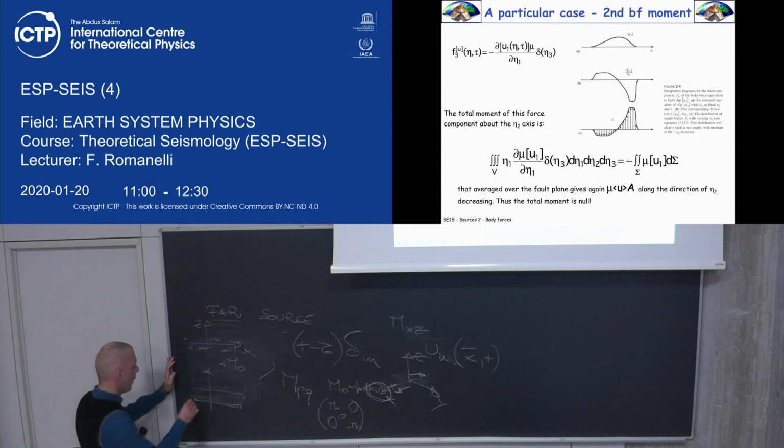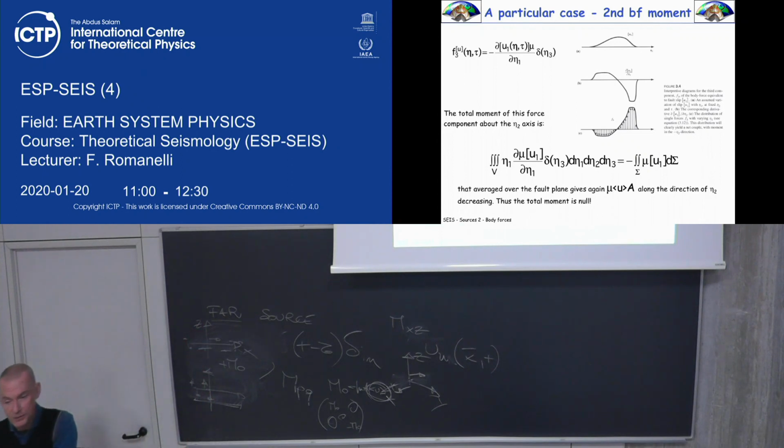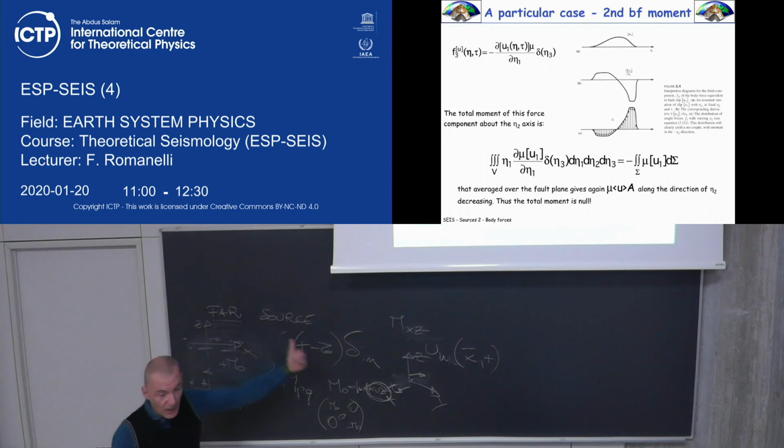I would prefer a lot a set of couples, maybe in Z, with the arm, in this case here, along X, and something like that, so that when I join them, I have a set of double couples. Oh, that would be great. So that when we squeeze everything together, and we are far from the source, and we have just one body force, it's a double couple. That would be great, right?